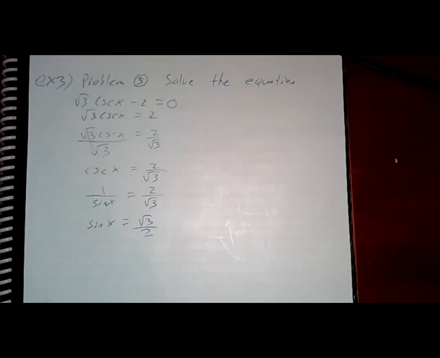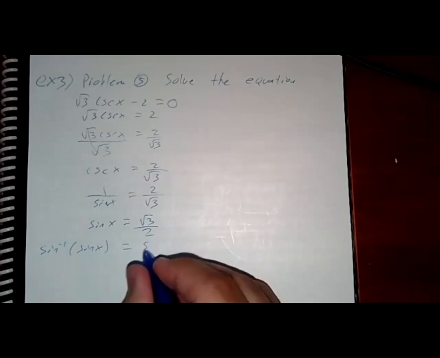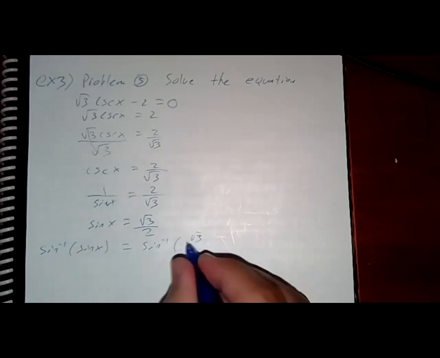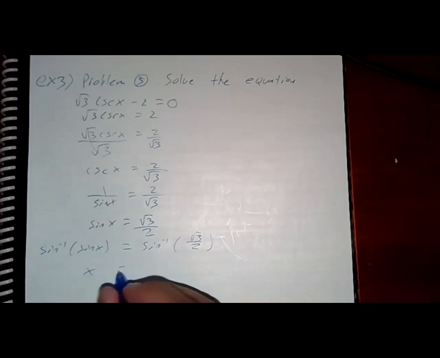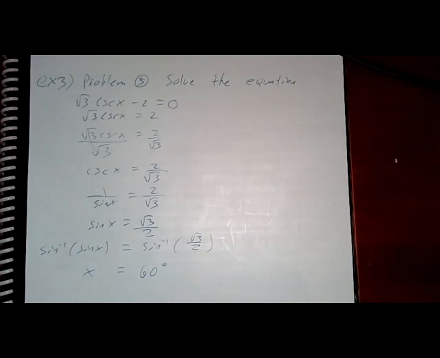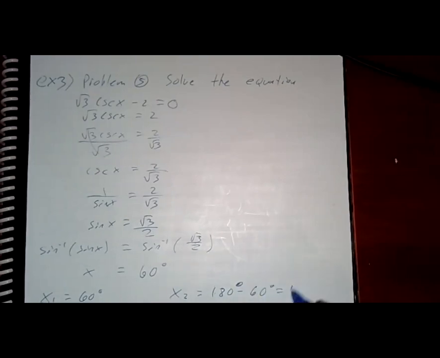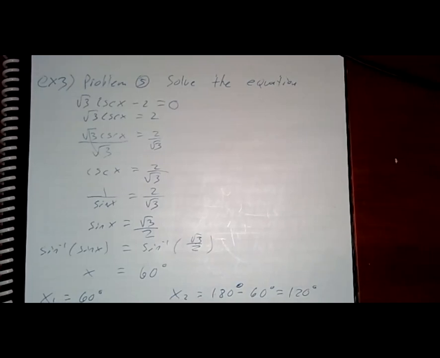So if you were to use the calculator, let's say you did sine inverse of both sides, right? X or theta, if you prefer, will be equal to 60 degrees. I'm going to go ahead and use degrees this time for no reason. So my first angle is 60 degrees. The second one we said will just be 180 minus 60, which is 120 degrees, which is what we saw in the circle anyway, right?